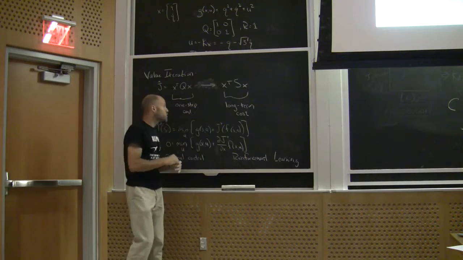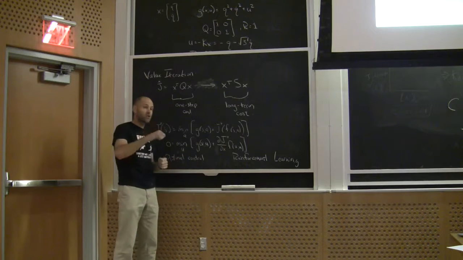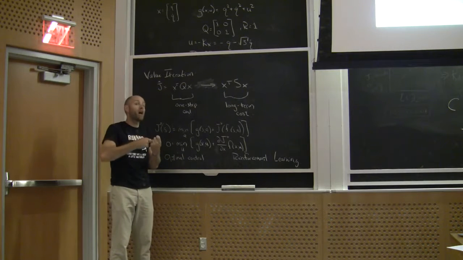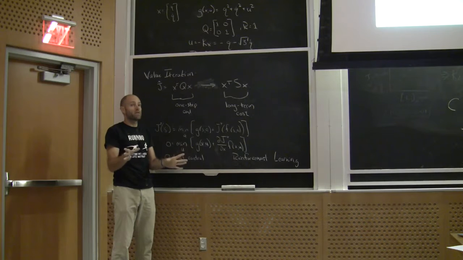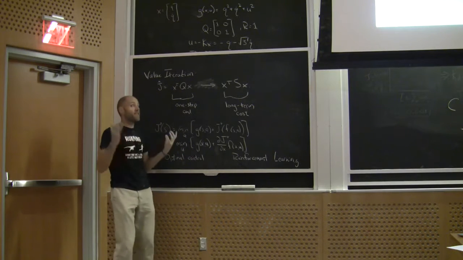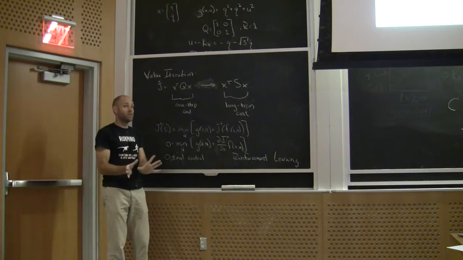You could think of this as a different way to parameterize the PD gains, where the things you're tuning are now Q and R. And as long as you pick positive Q and positive R, you're always going to get a stable controller out. But they actually describe the same family of closed loop systems. So if nothing else, optimal control gives you a way to parameterize this set of stable PD controllers.